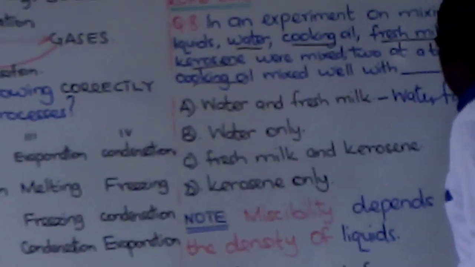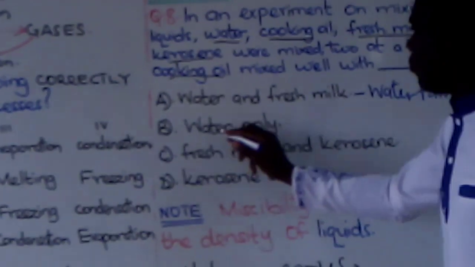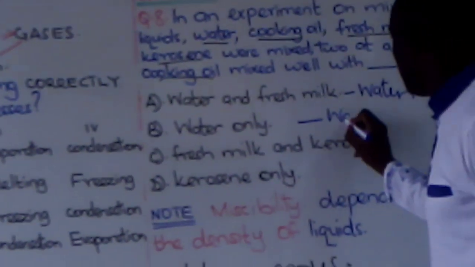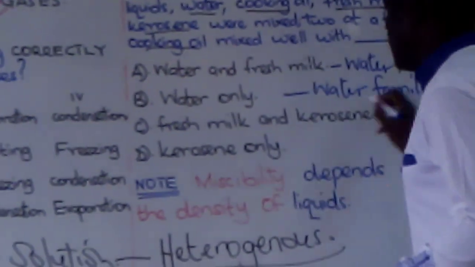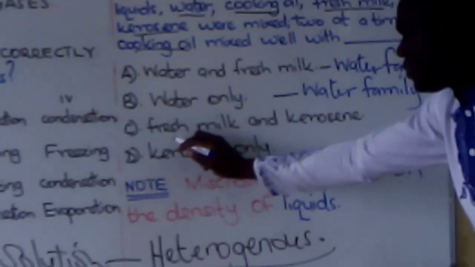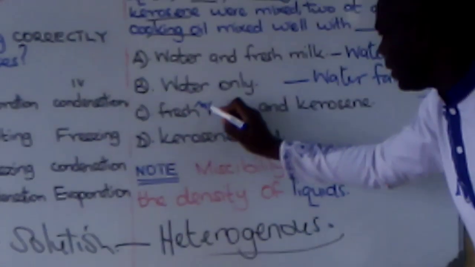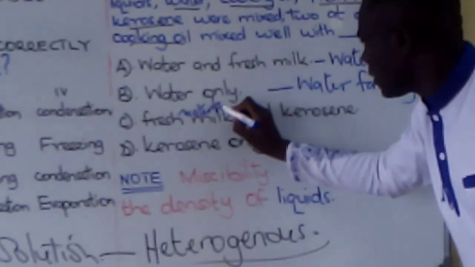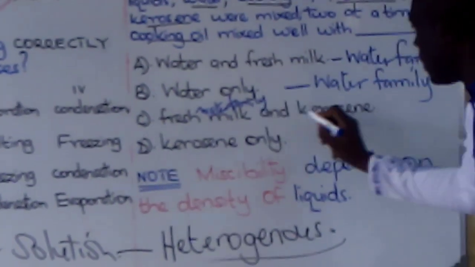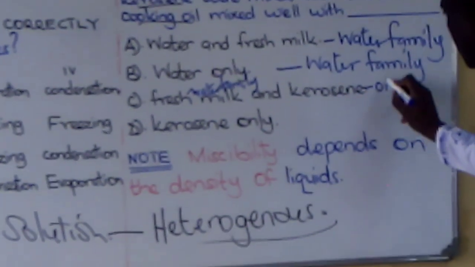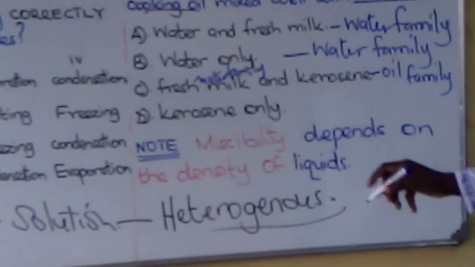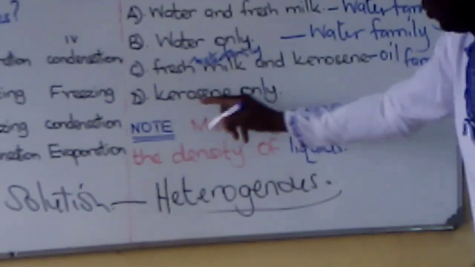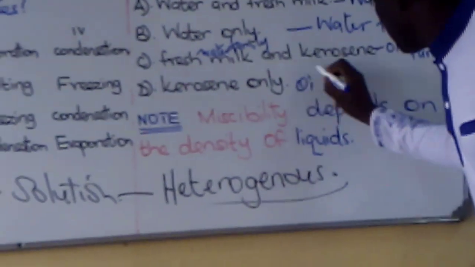Then water is in the water family. Fresh milk is water family. Kerosene, oil family. Here we have kerosene alone, oil family.